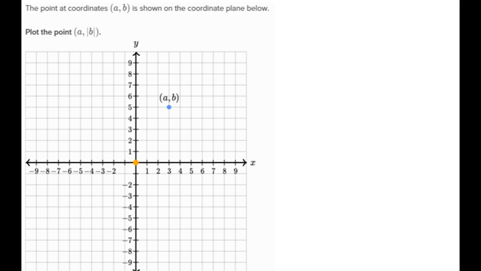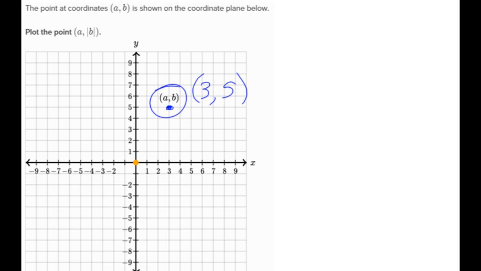Next, here it says the point at the coordinates A, B is shown in the coordinate plane, and that is this blue one here. Okay, that's right here. That's at A, B. And we want to plot A, absolute value of B. Well, first of all, this point is at 3, and then B is 5.